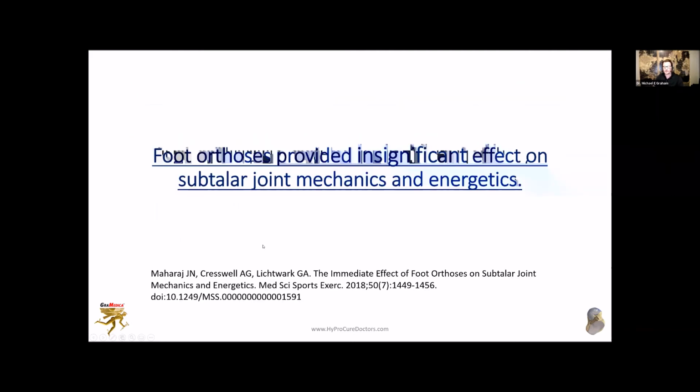So it's pretty brutal. Now, again, I don't have anything against foot orthotics, and my opinion is that if you wear shoes, you should have some kind of insert in your shoe. But the literature out there is not too favorable on the use of orthotics in treating posterior tibial tendon disease.